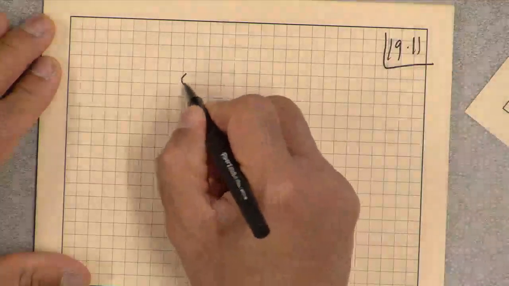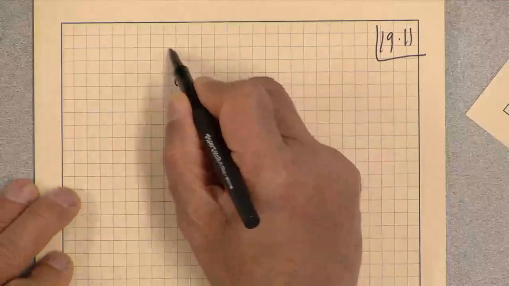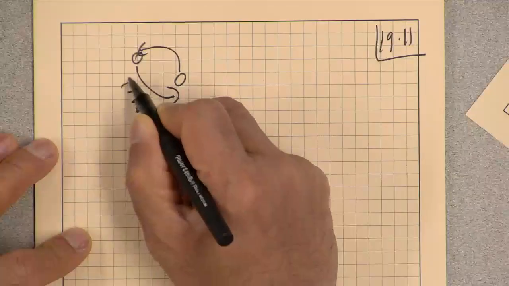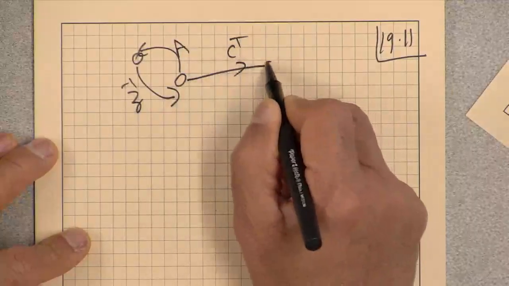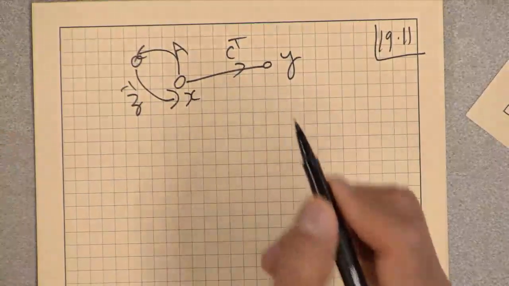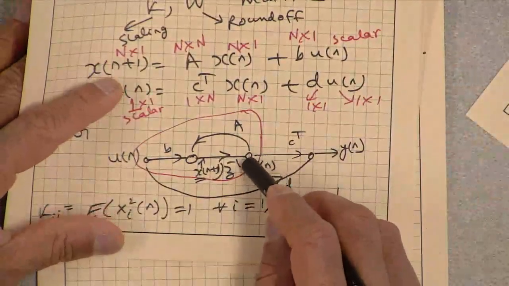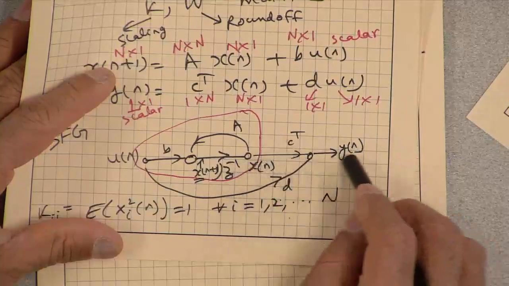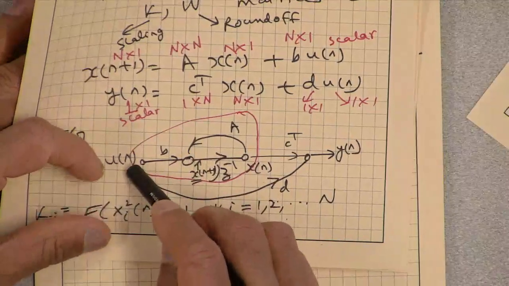Okay, so if we want to compute the transfer function from the state to the output, I substitute u equal to 0.